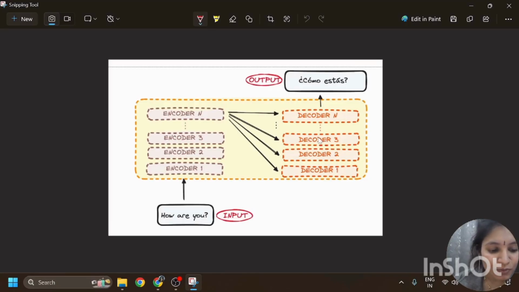The decoders get input from the last encoder and the previous decoder.